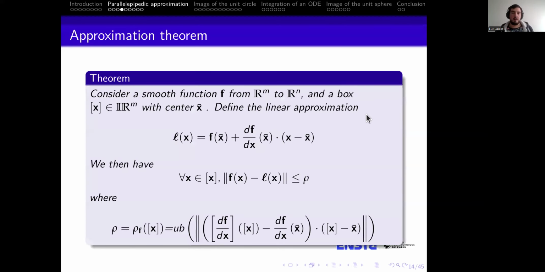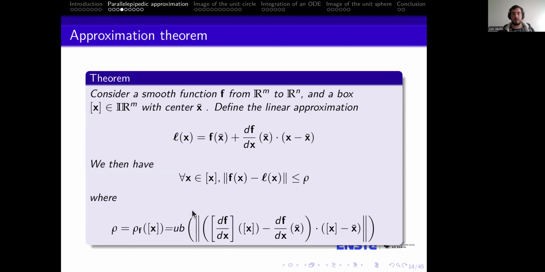To do so, we will rely on a theorem. If I consider a box X and its center X bar, I define a linear approximation here, Lx. So it's a first order approximation of my function around the center of the box X bar. What this theorem says is that I'm able to find a maximum rho, a maximum to the distance between the real function fx and the linear approximation Lx. The expression of this maximum is here.